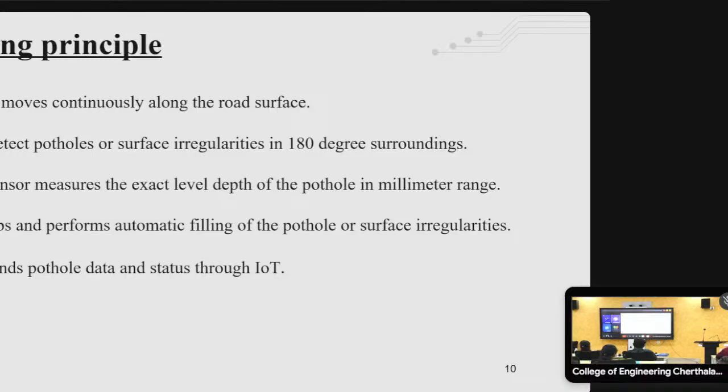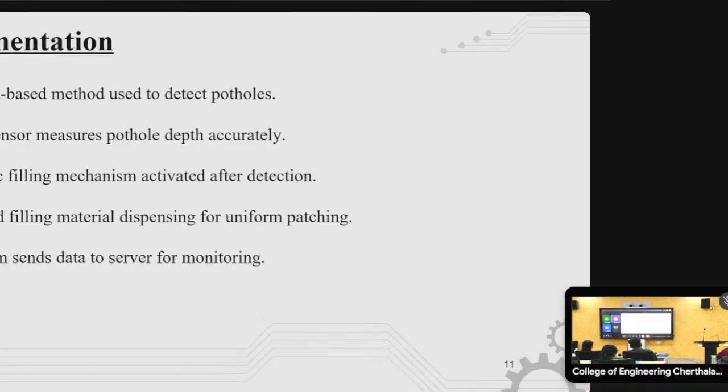The robot then stops and performs the automatic filling of the pothole or surface irregularities. Once the automatic filling is completed, the system sends a status update through IoT, so we can use that for monitoring.